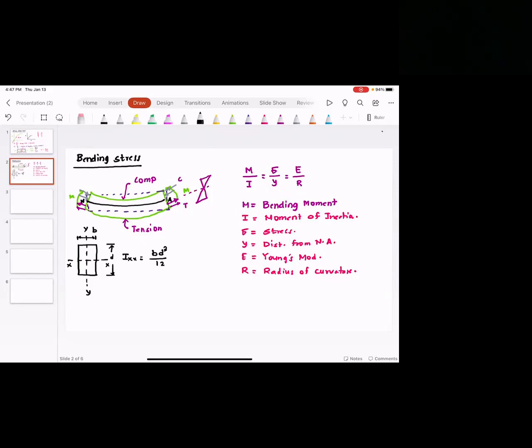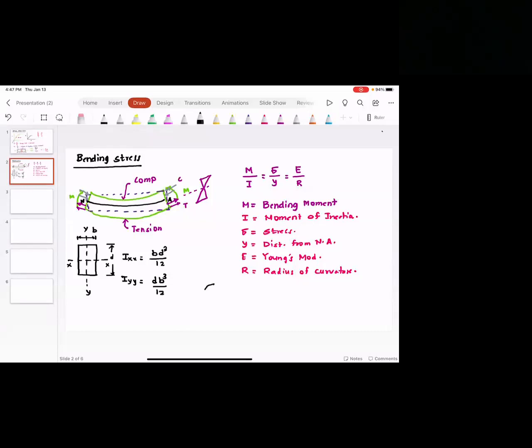For example, IXX is the moment of inertia about the x-axis. Dimension B is parallel to the x-axis. Dimension D is perpendicular to the x-axis. So dimension D is cubed. Now, if I were to find IYY, it's going to be DB cubed by 12.